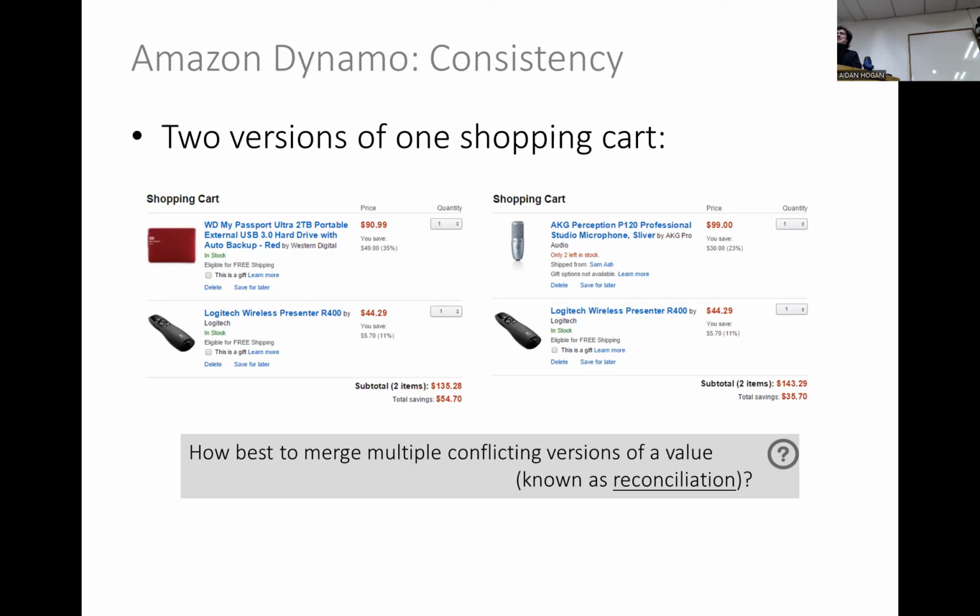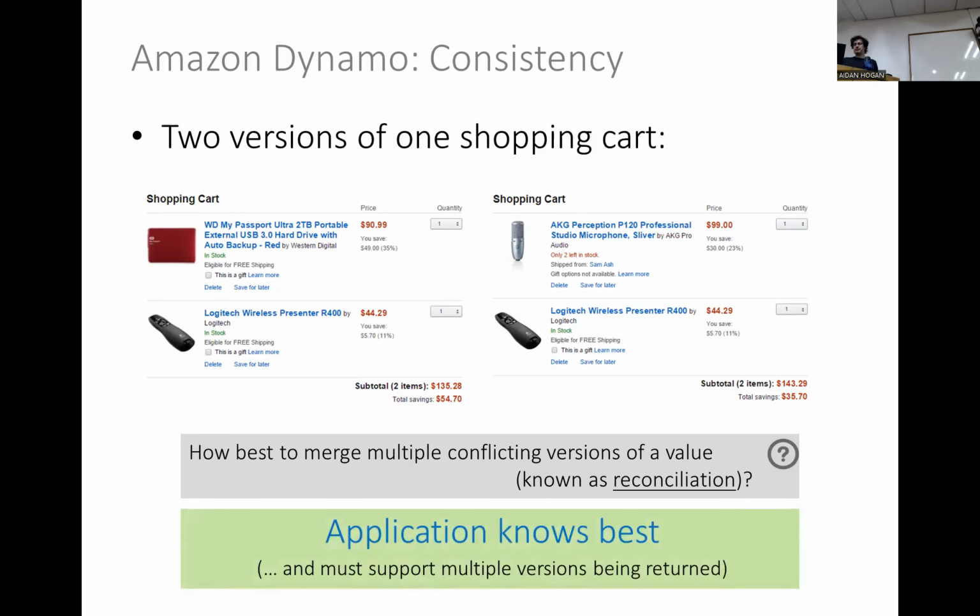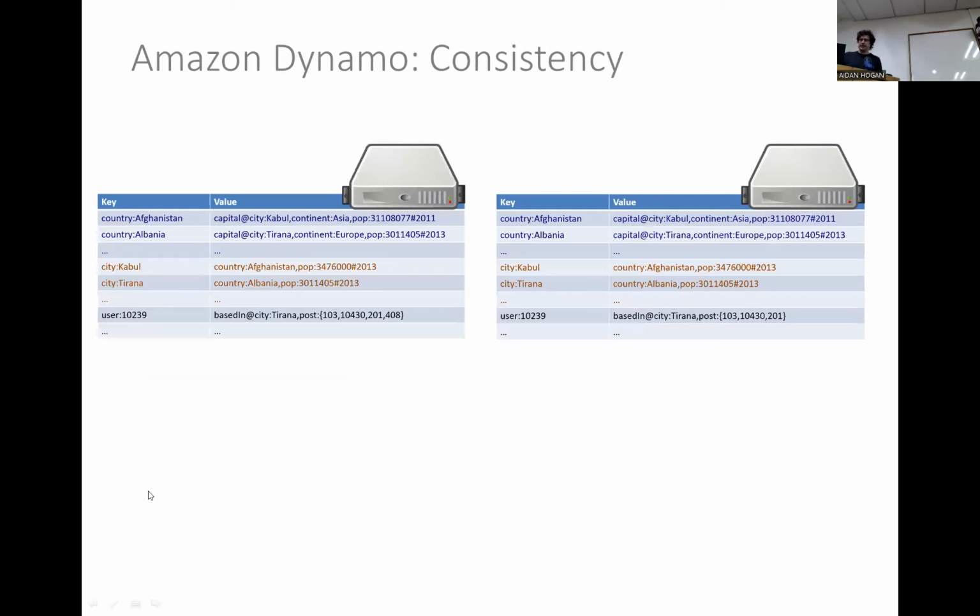Whatever was the last timestamp, we take that because it's probably the last thing the user would see. However, oftentimes as well, reconciliation, we can't rely on a policy. We need some application logic. So it means that an application will need to decide what to do. So Dynamo offers this last timestamp wins reconciliation, where we just say whatever was the last thing that was updated, that wins. But it also supports application specific logic for consistency.